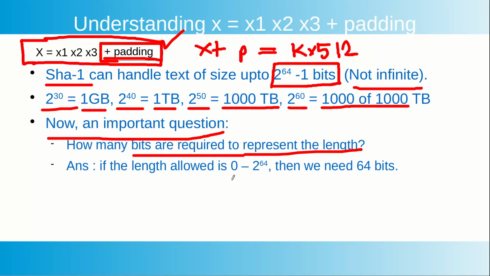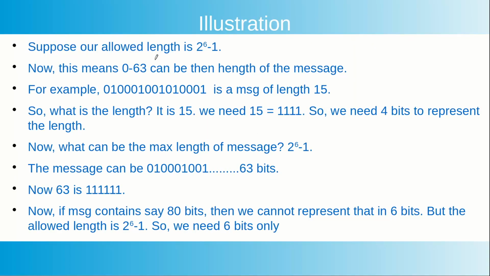The answer is, if my maximum allowed file size is 2 to the power 64 minus 1, so the file size can vary from 0 to 2 to the power 64, then I need 64 bits, and this 64 is coming from this exponent 64. If this is not at all clear to you, I will give you one example and it will be clear.